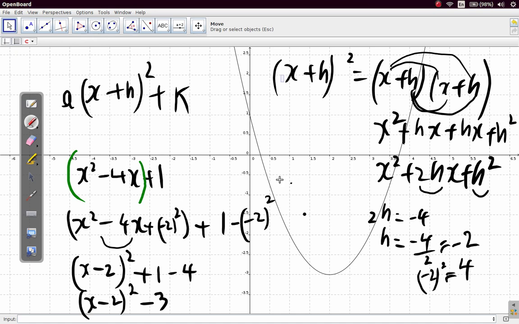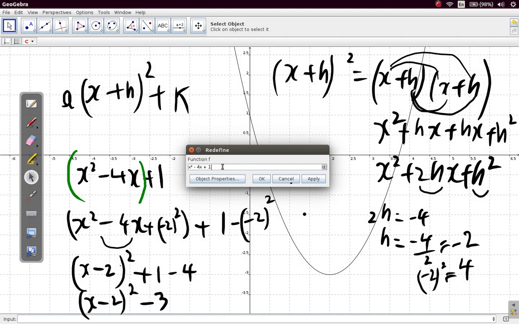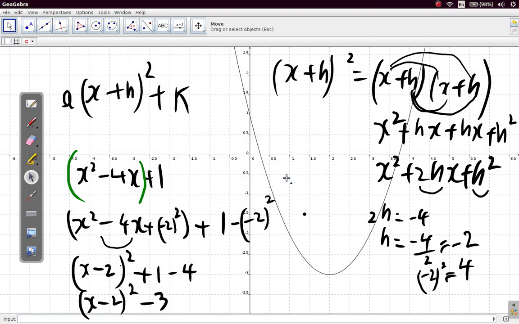So this graph is in the form, let's see what it was again. What was the equation of this graph? X squared minus 4x plus 1. So the equation of this graph is x squared minus 4x plus 1. It is the same thing as (x minus 2) squared minus 3.